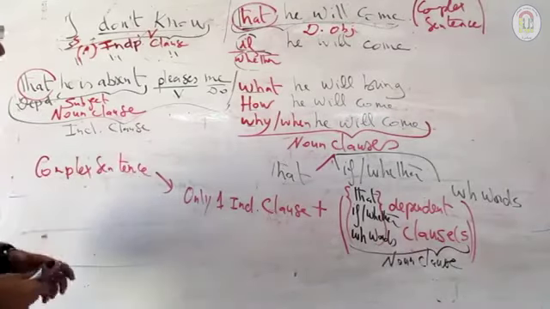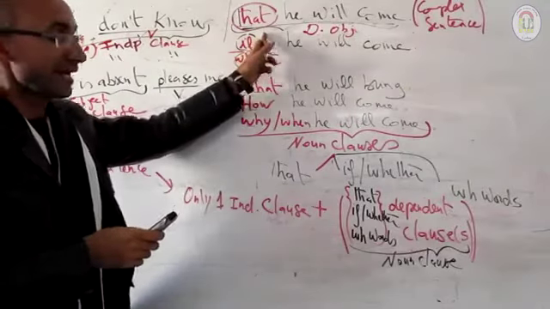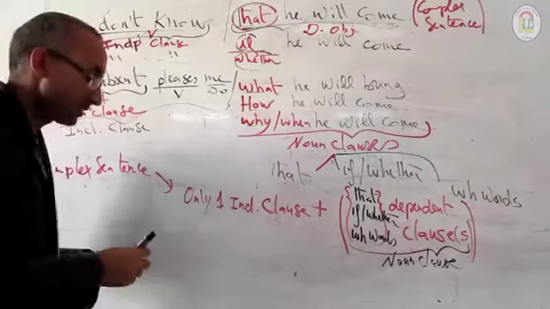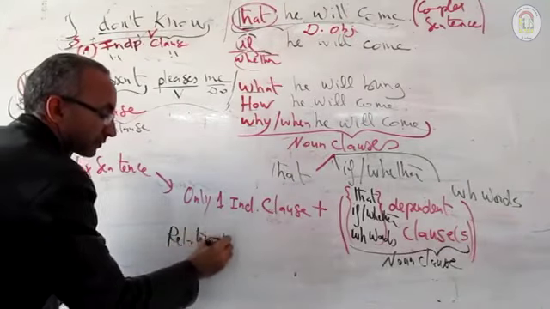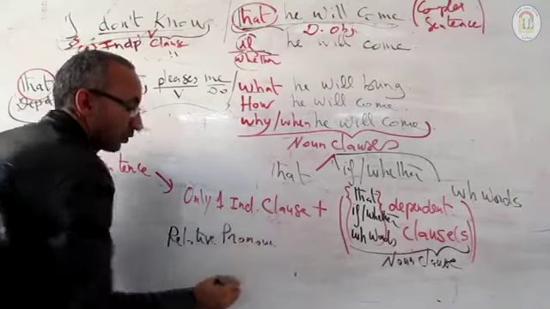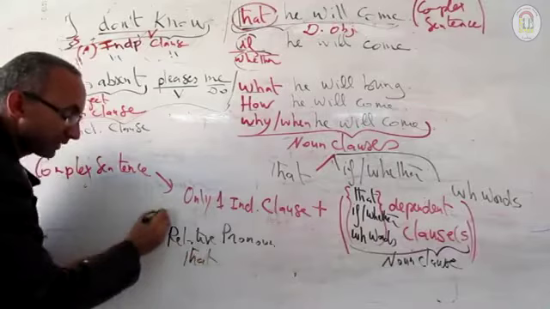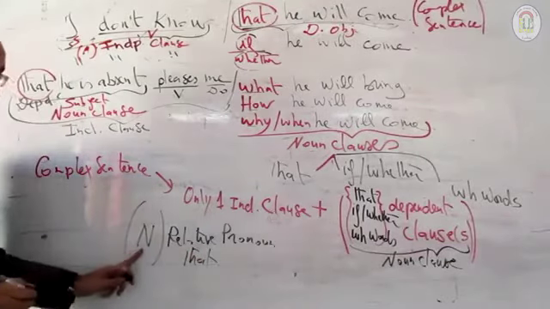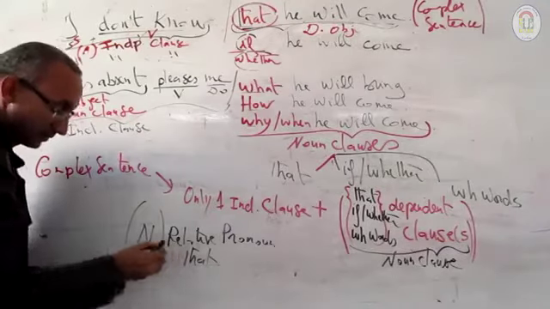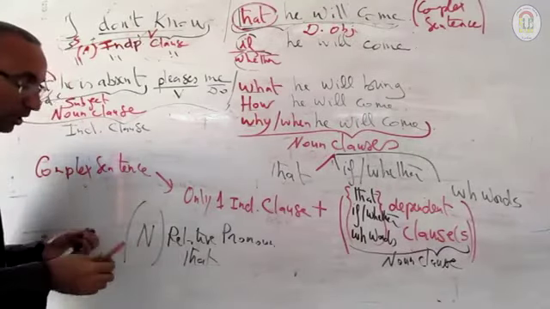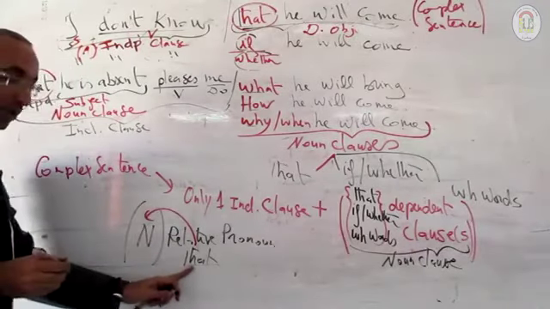Now, if we compare this that of the noun clause and the previous that of relative pronoun, we said always what comes before a relative pronoun is a noun. So that refers to a noun before it: the boy that was missing, the house that I bought.